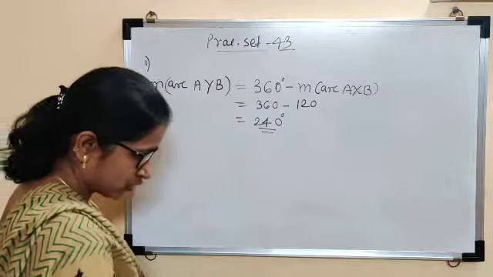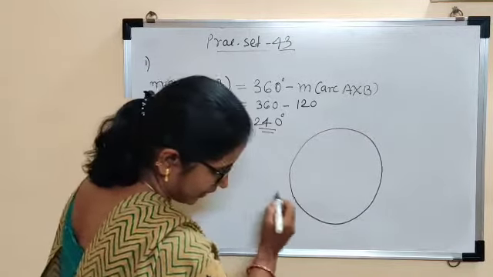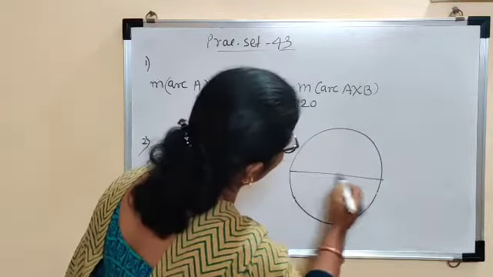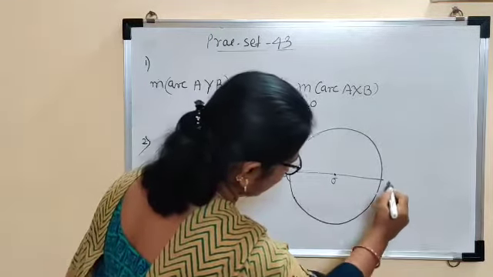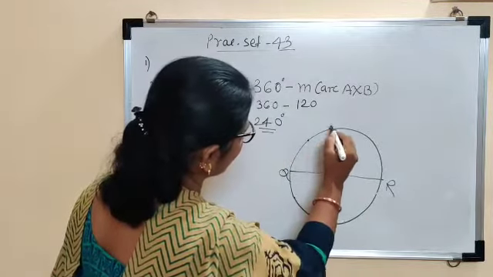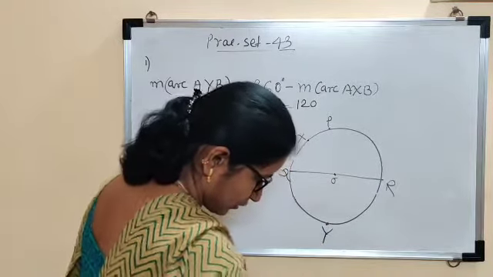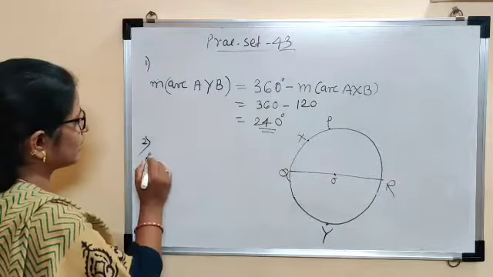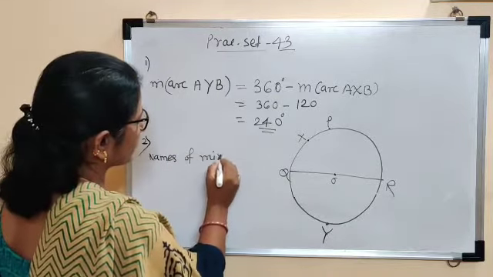What is the second question? A circle is given, and in the circle they have given a few arcs, and we have to write the names of minor arcs, major arcs and semicircular arcs. So first we will write down the names of minor arcs.